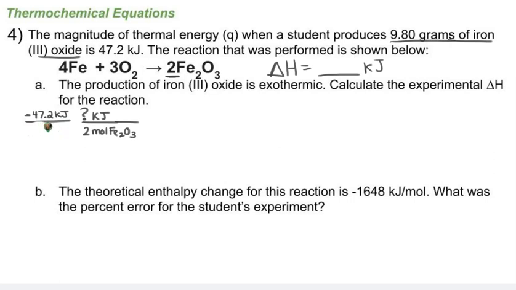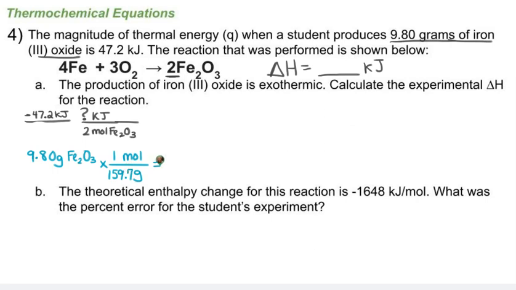So I'm going to take that 9.80 grams of iron 3 oxide, Fe2O3, and we're going to convert that number of grams into a number of moles. We know that 1 mole equals the molar mass, and if we add up the molar mass of iron 3 oxide, I got 159.7 grams per mole.